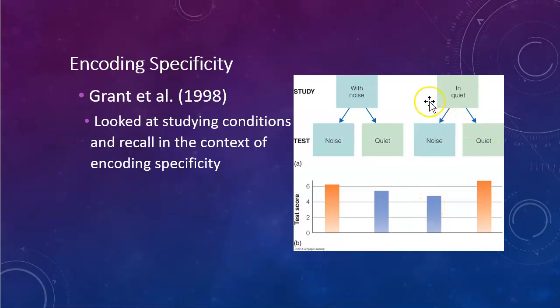So really what this is saying is, if you're going to take a test in complete silence, you should study in complete silence. If you're going to take a test where you know there'll be some noise, then you should study with some noise as well, so that you get used to that distraction. And even if there ends up not being noise, you'll do better studying with noise and testing in the quiet than if you studied in quiet and there's no noise.